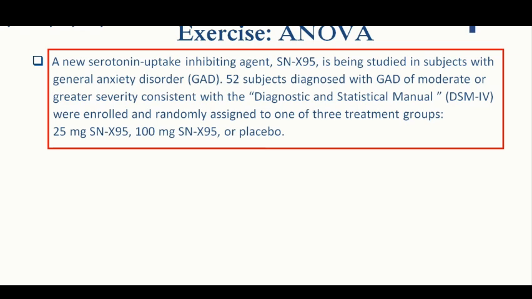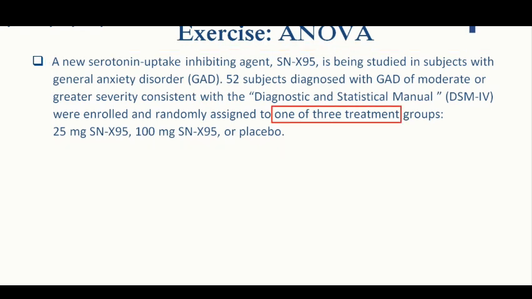So GAD is the response. 52 subjects diagnosed with GAD of moderate or greater severity, consistent with the Diagnostic and Statistical Manual, were enrolled and randomly assigned to one of the 3 treatment groups: 25 mg of SNX95, 100 mg of SNX95 or placebo.